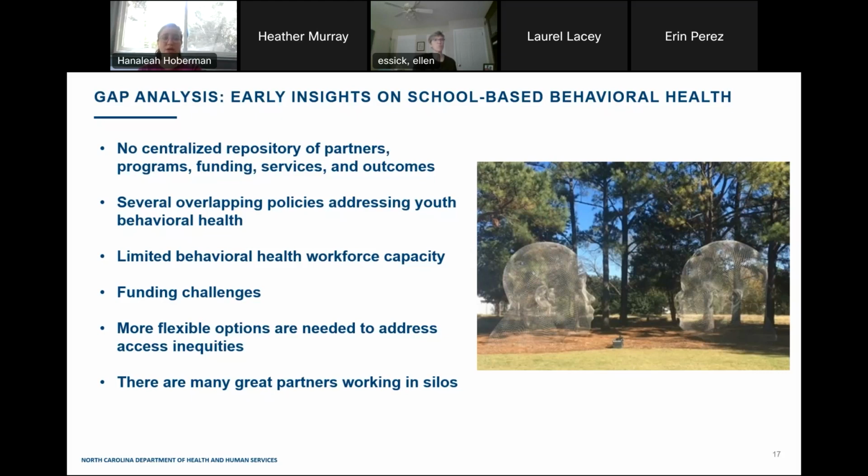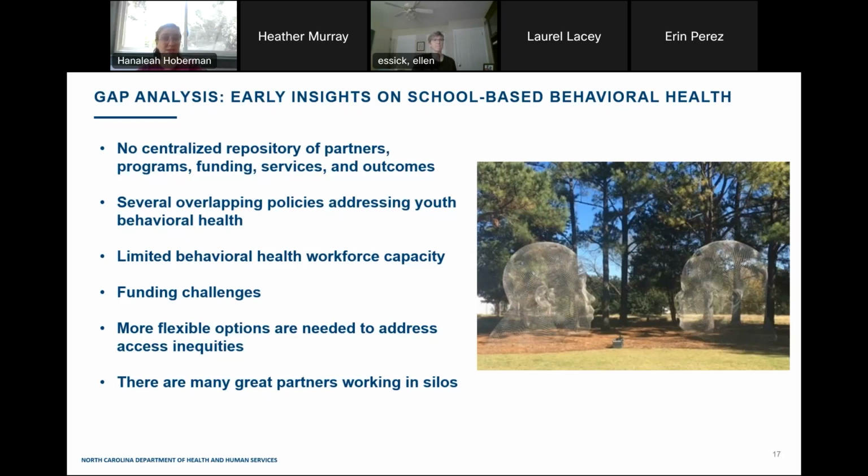We also saw that there were overlapping policies addressing youth behavioral health, and in some cases, they may conflict with each other. We had obviously a major issue of a limited behavioral health workforce. That's true generally, and the support staff that we need in schools to make these resources a reality have been recognized as really limited and under-resourced. Obviously, we have funding challenges.